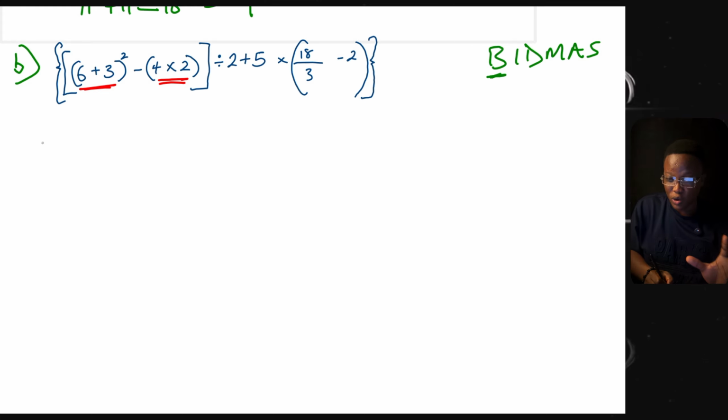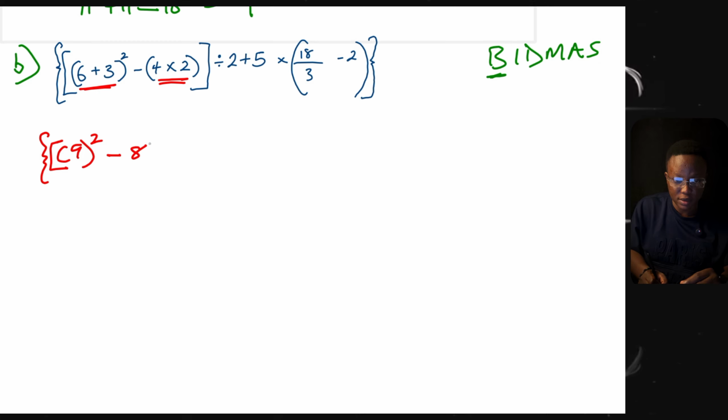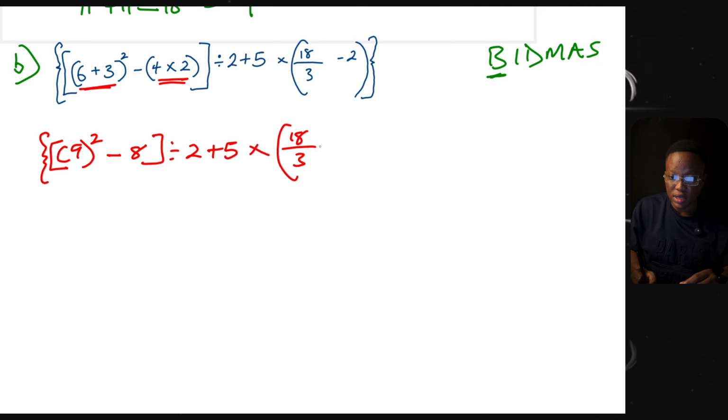So I'm just going to write this all over. Stay with me. Doing the brackets, we get 9 squared minus 4 times 2 is 8. Okay? Divided by 2 plus 5 multiplied by 18 over 3 minus 2. And then the last bracket there.